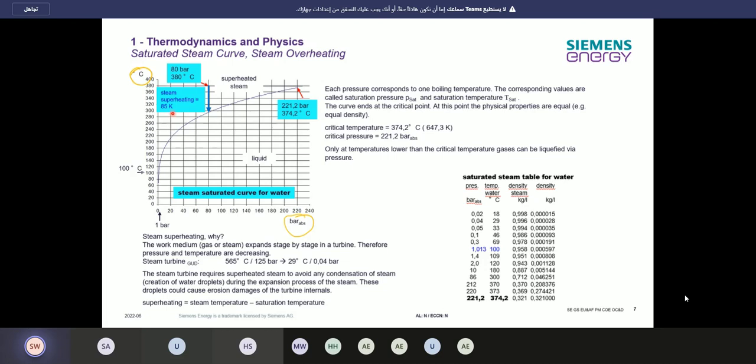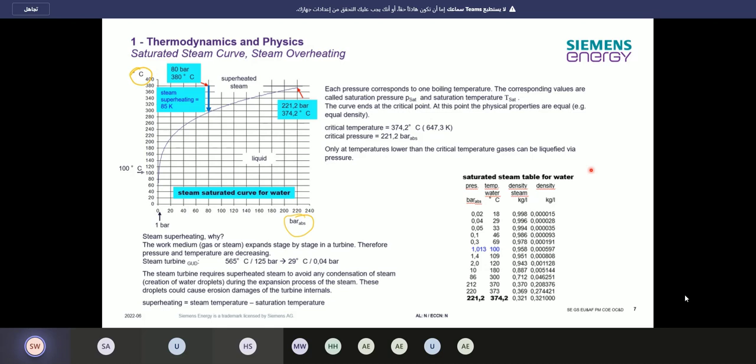Differential temperatures on a Siemens power plant are normally in Kelvin, and directly measured ones in degrees Celsius. So here on the right lower side, we have then a saturated steam table for water.